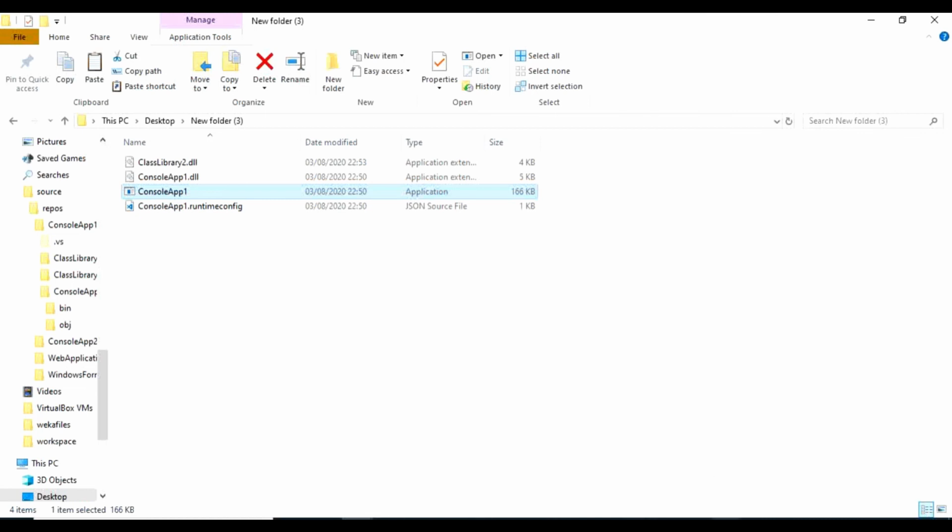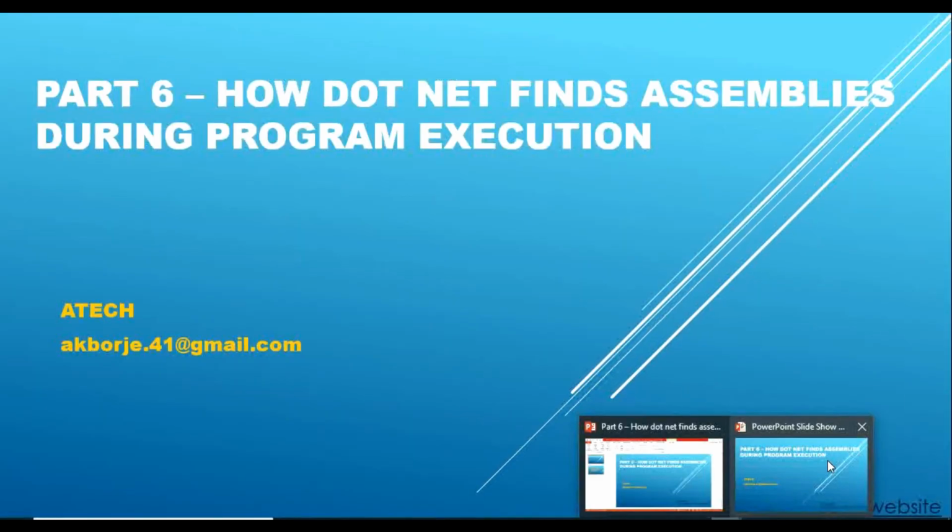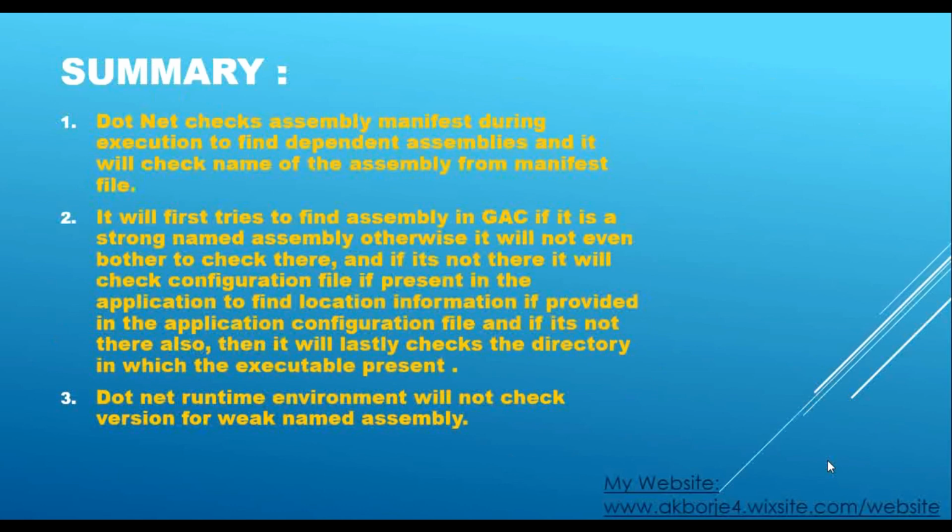Let us see that in summary so you will understand better. .NET checks the assembly manifest during execution to find dependent assemblies, and it gets the name of the assembly from that manifest. I have shown you the manifest file. First it tries to find the assembly in the GAC, only if it is a strong named assembly; otherwise it will not even bother to check there.